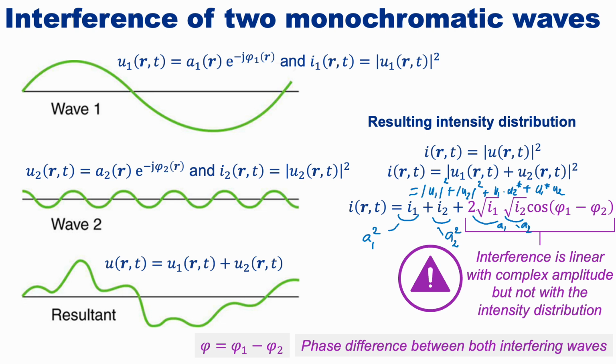So as you see, the intensity pattern is going to change with the phase difference between both interfering waves. And we need to be extremely careful, because the complex amplitude of the resultant is linear with respect to the complex amplitudes, but not the intensity. The intensity is not the direct summation of the individual intensities of the interfering waves.